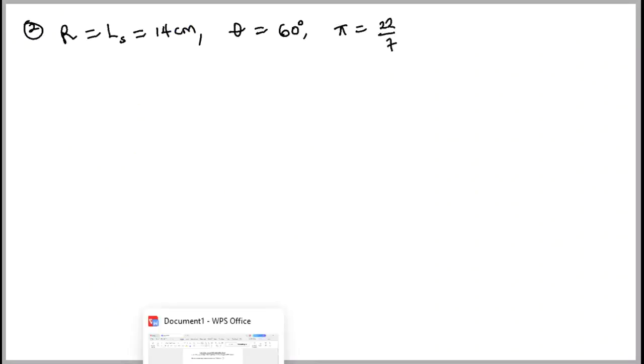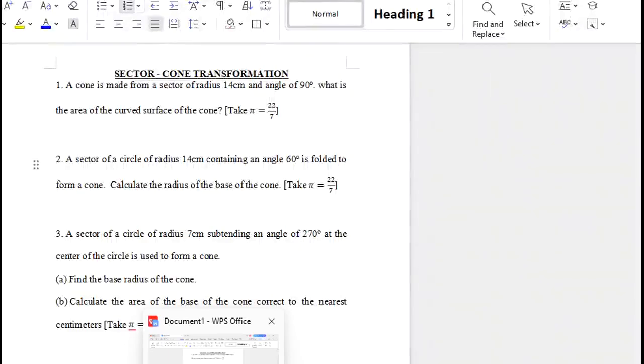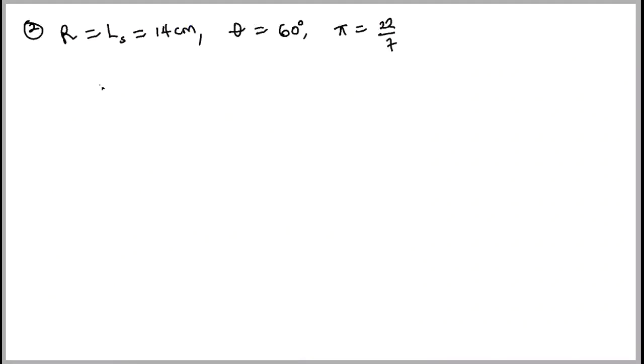So we are asked to find the radius of the base of the cone, that is, to find the small r. The formula that best suits this is r equal to theta times capital R over 360. Yes, and then you're good to go.